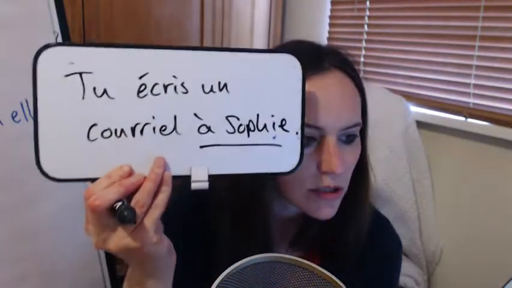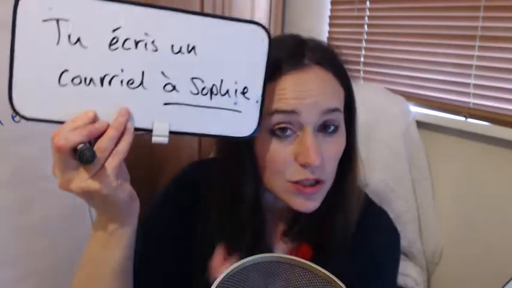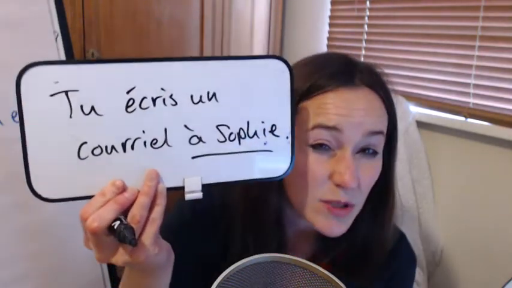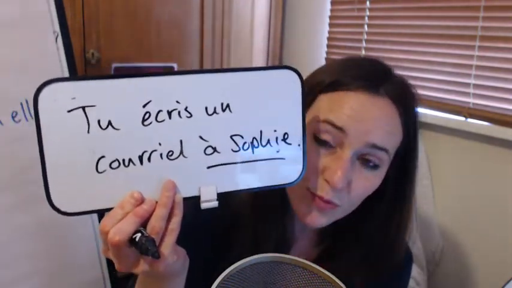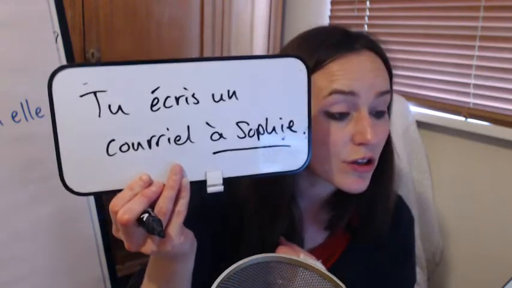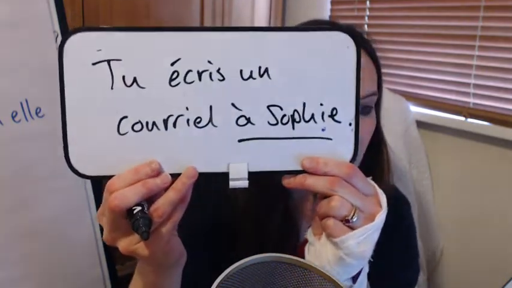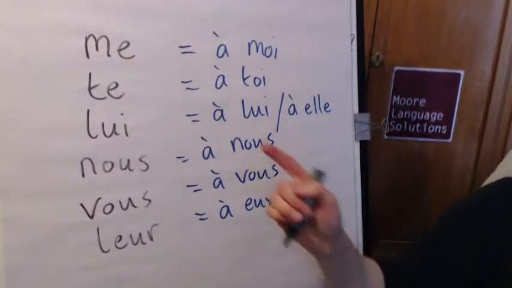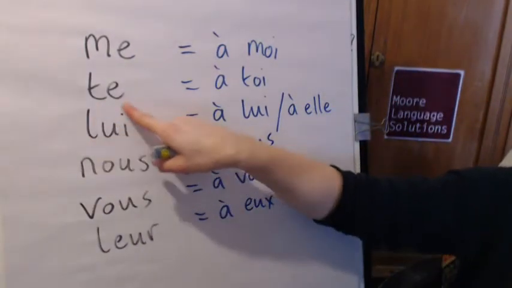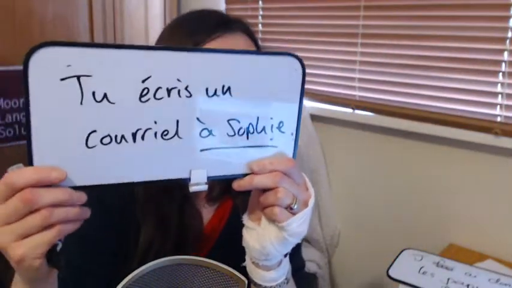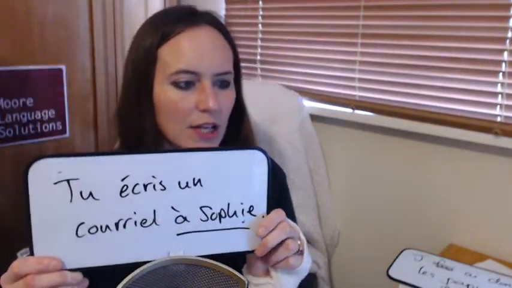Right, so now we have à plus a girl's name. If you wanted to shorten this, you could use an indirect object pronoun which replaces to him or to her. So, à Sophie, which is the one we need? C'est ça. Lui. Okay, so tu écris un courriel à Sophie.